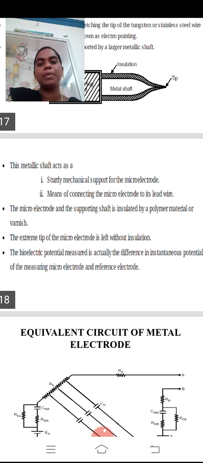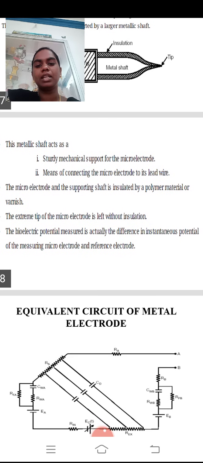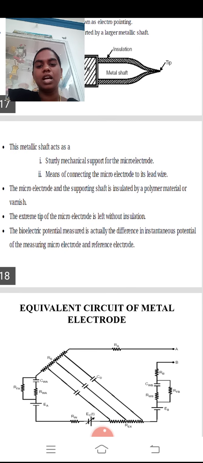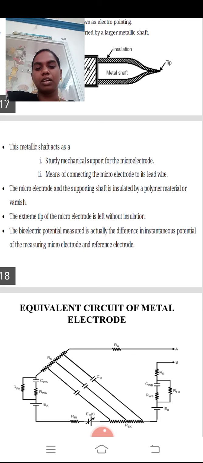We are giving proper insulation so that the outside of the metal electrode will not affect our surroundings.